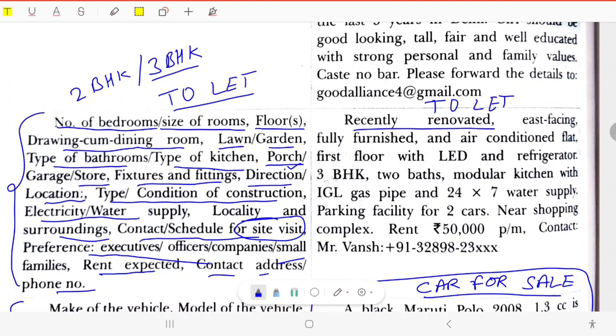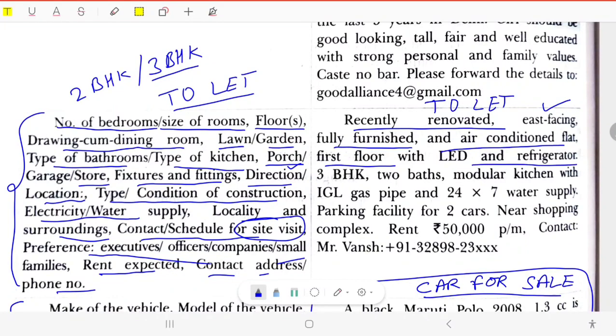Look, recently renovated, east facing, fully furnished, means everything is there, and air conditioned flat. First floor, which is situated on first floor with LED and refrigerator.